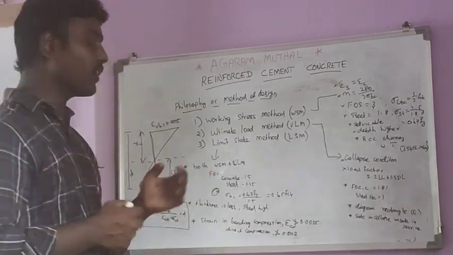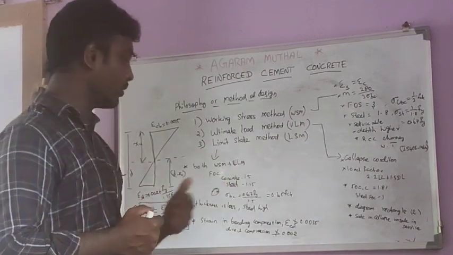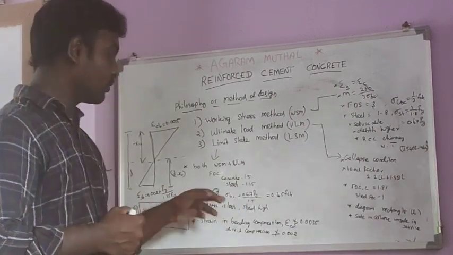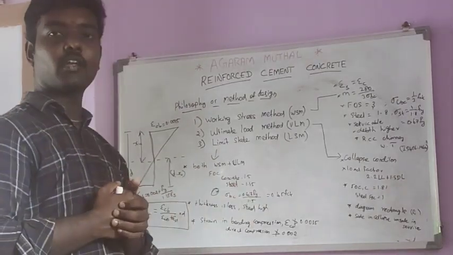The factor of safety for concrete is 1.5 and for steel is 1.15. Then sigma CBC becomes 0.45 times of FCK.